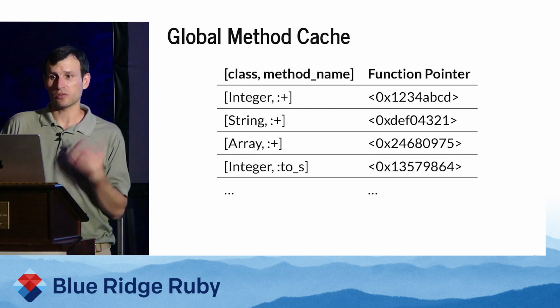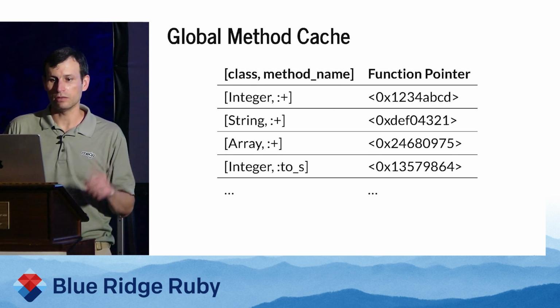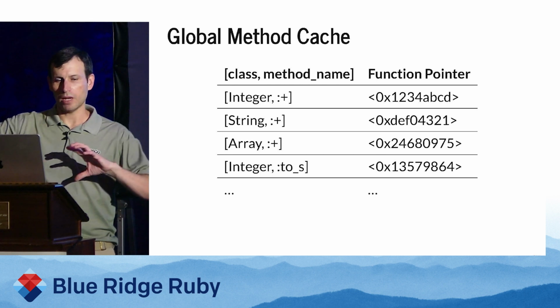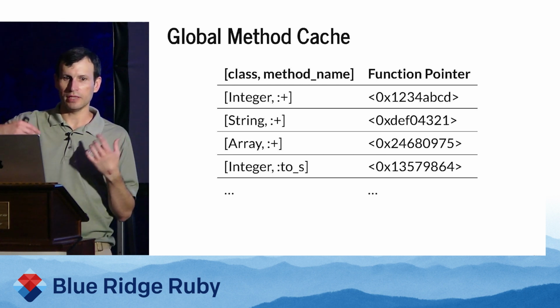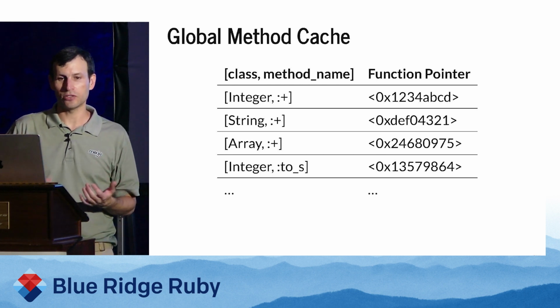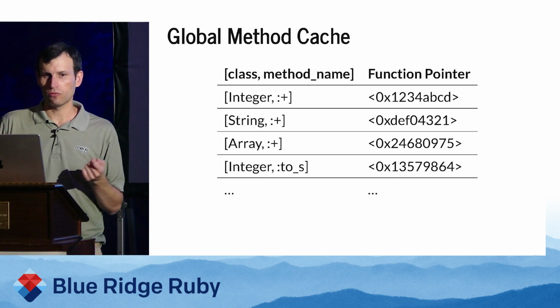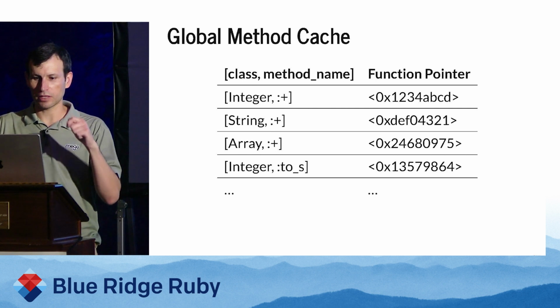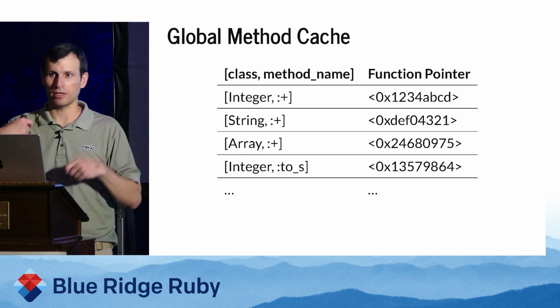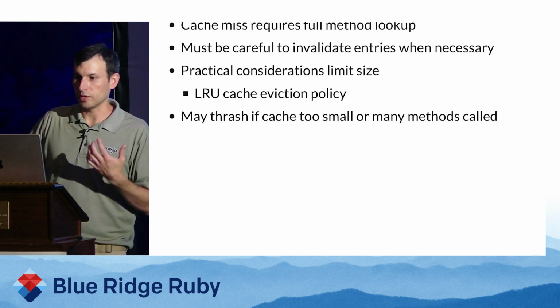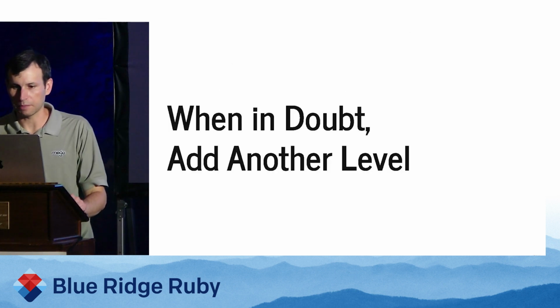Usually we use a least recently used policy to eject values. But where you really got to be careful is there's only 2,048 entries. If you're running code in a loop that uses more methods than that, then you're going to keep round robining through the cache, and you don't end up really benefiting from the fast lookup.